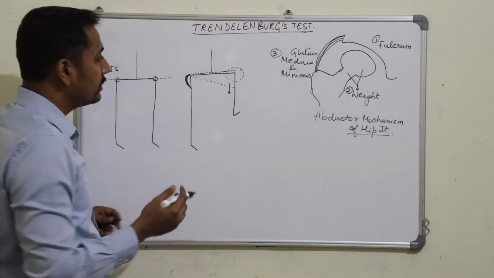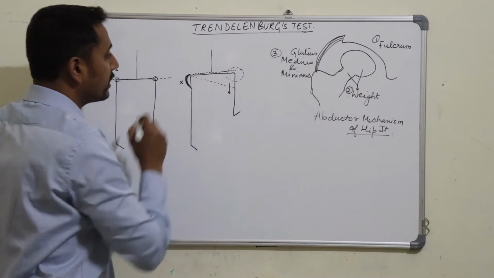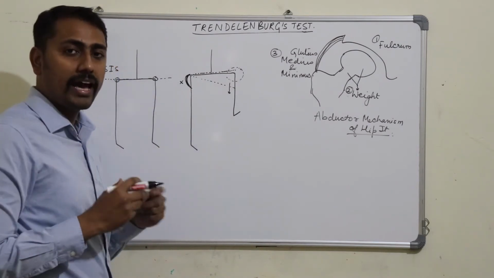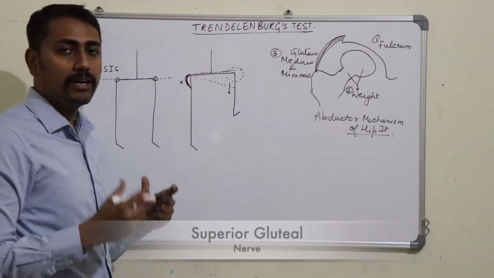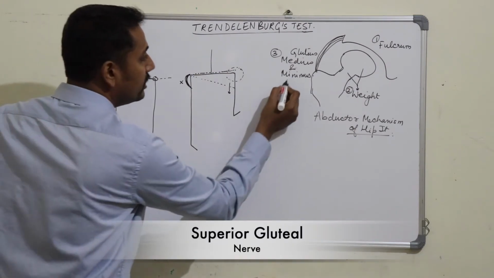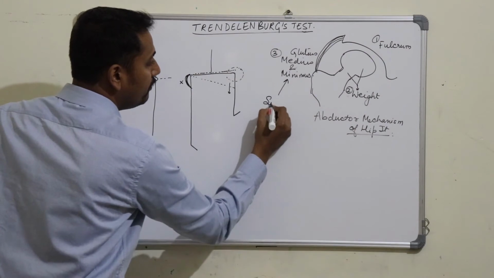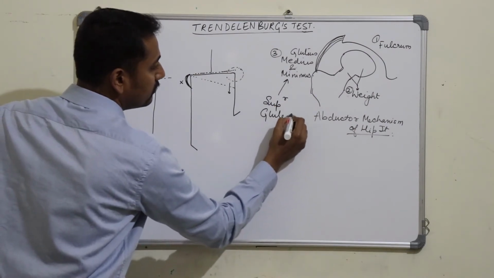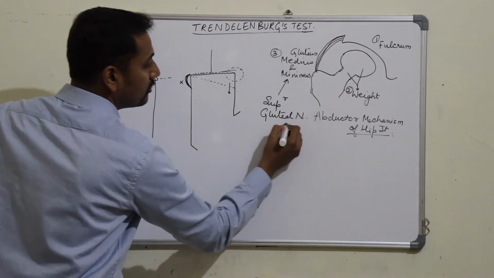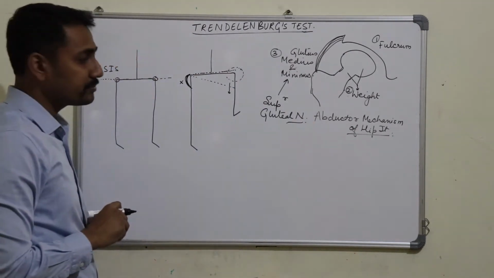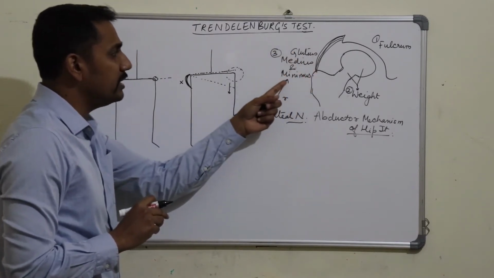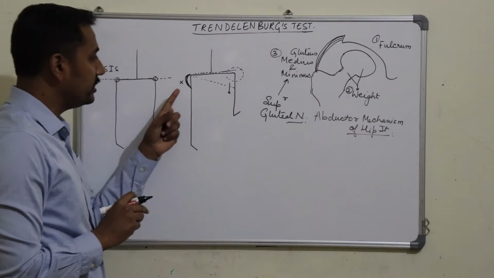Now when there is an injury to this abductor mechanism, or it is disturbed, like in case of injury to the superior gluteal nerve, which supplies the gluteus medius and minimus muscle, the muscle is paralyzed on this side.